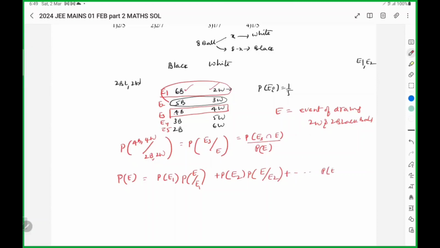So P of E5, P of E given E5. So here what probability that bag contains these five different combinations, they are equally likely. So each one is 1 by 5.